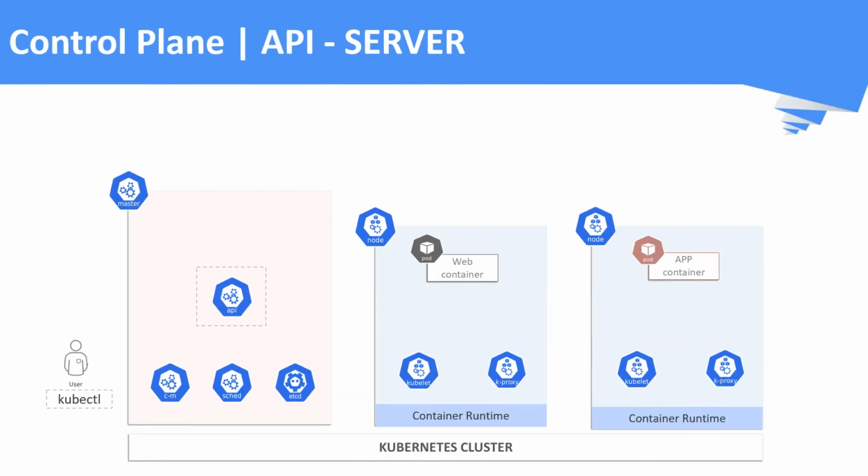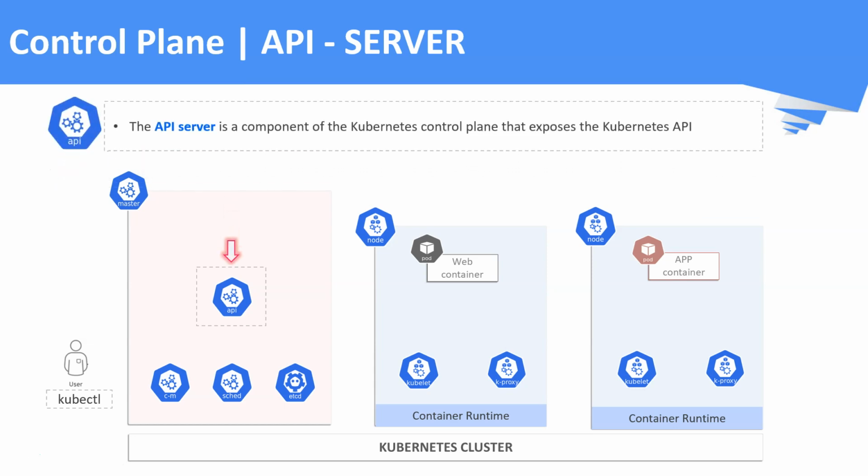First, we will discuss the control plane. The API server. The API server is the front end of the Kubernetes control plane that exposes the Kubernetes API. If you want to interact with the Kubernetes cluster, you have to talk to the API server. The utility used to interact with the Kubernetes cluster is called kubectl.